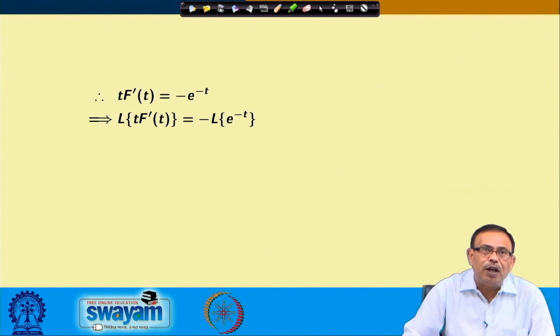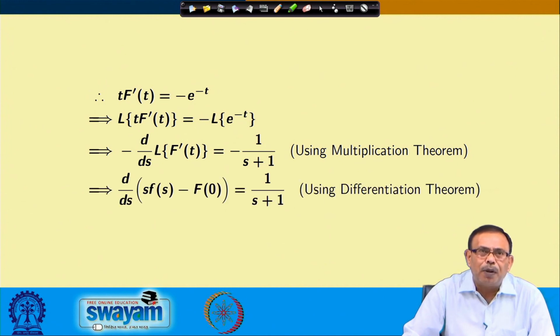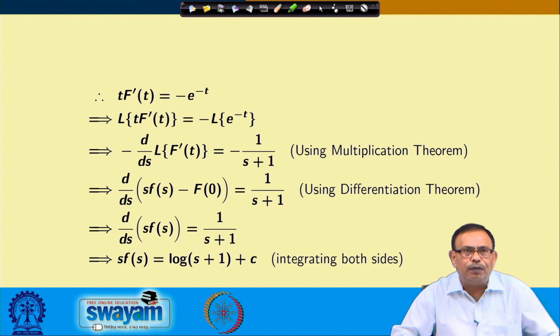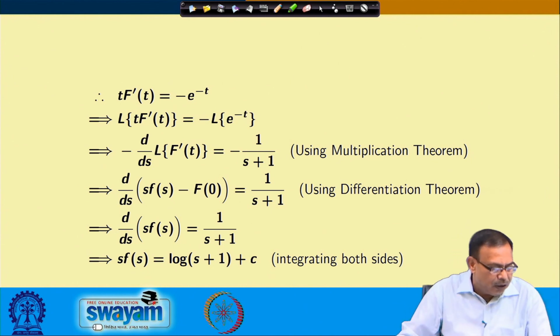Laplace transform of t f'(t) equals minus Laplace transform of e power minus t. Using the multiplication theorem, following the same theory, minus d/ds of Laplace transform of f'(t) is this, and Laplace transform of f'(t) you are replacing by s F(s) minus f(0) by the differentiation theorem. So, you can obtain after integration s F(s) equals log of s plus 1 plus c.